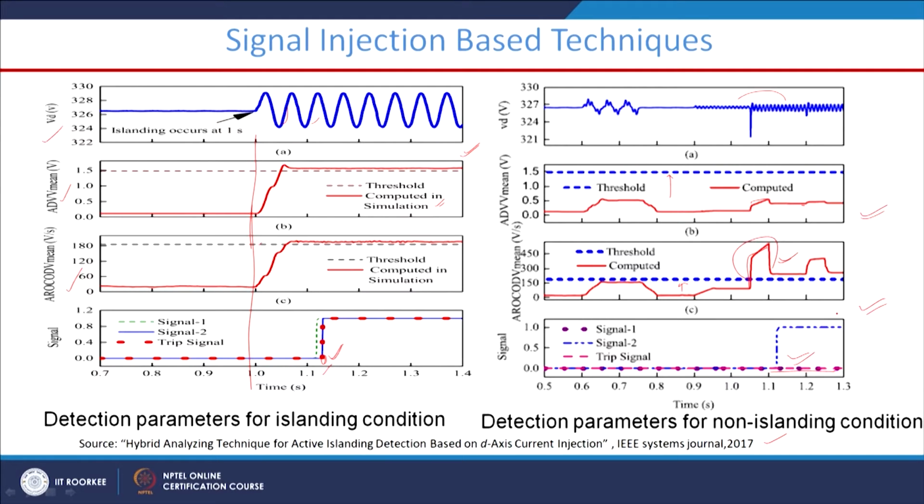And similarly, many authors have also injected a current in the Q axis, the D axis current through the Q axis of the controller, and have also seen the variation of the voltage and current.